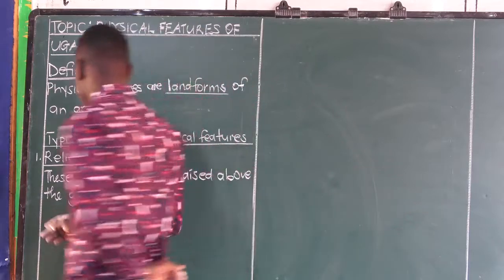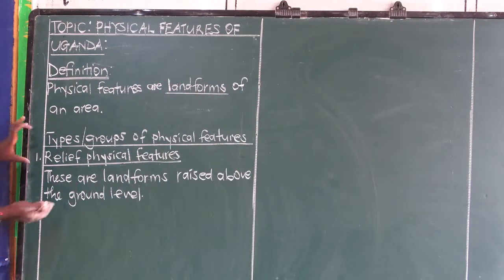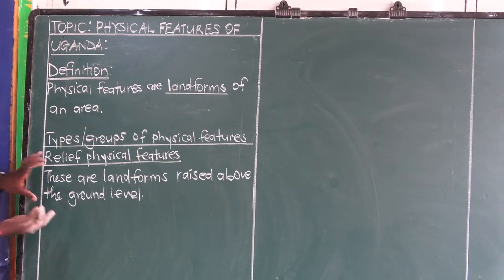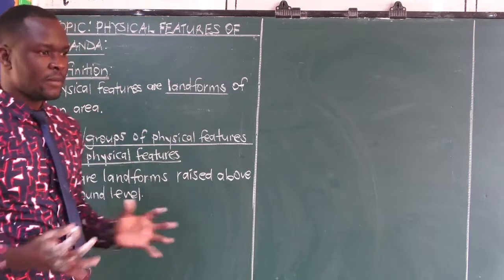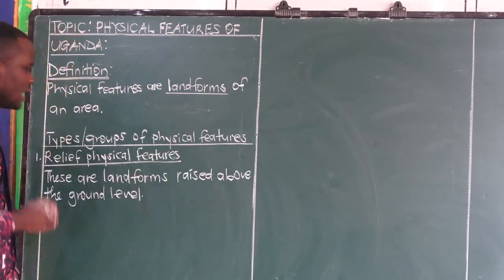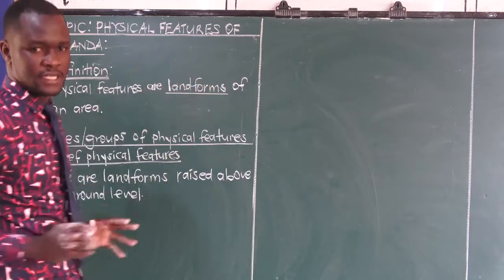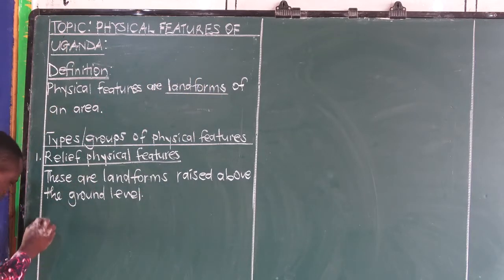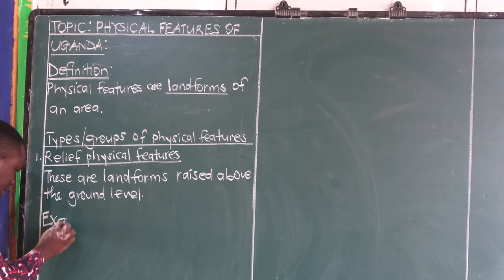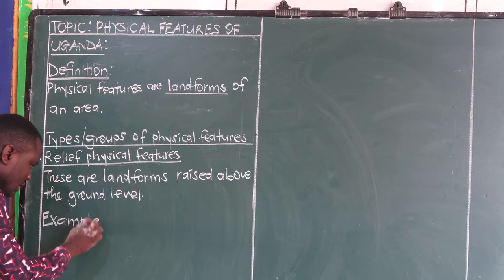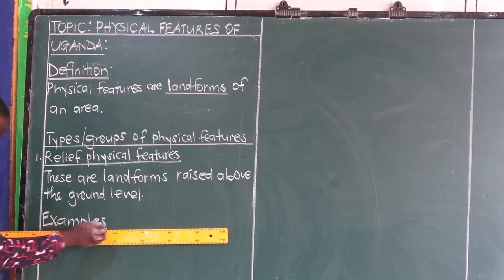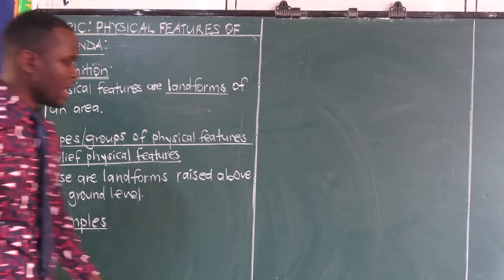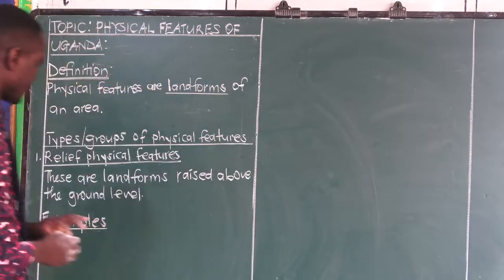Now, let's look at the examples. Which are these physical features? Which are these landforms that are raised above the ground level, forming that group that we call relief physical features? So we are going to have the examples of these landforms which are raised above the ground level or above the earth's surface.